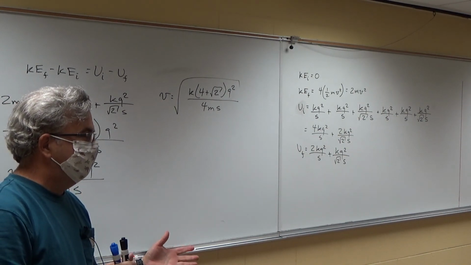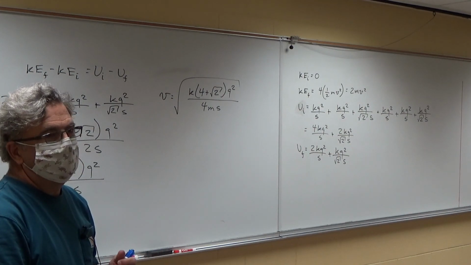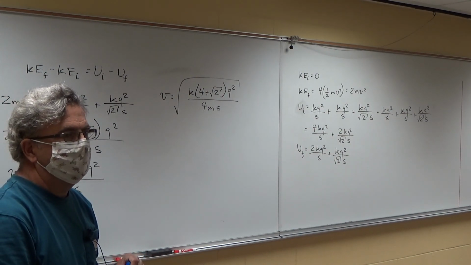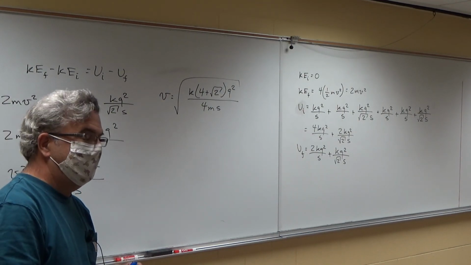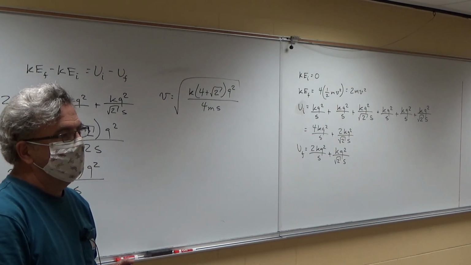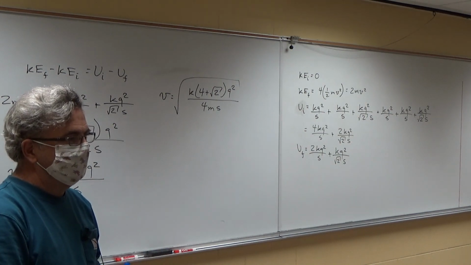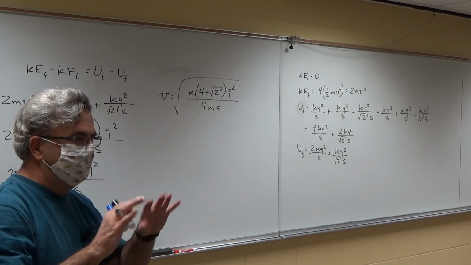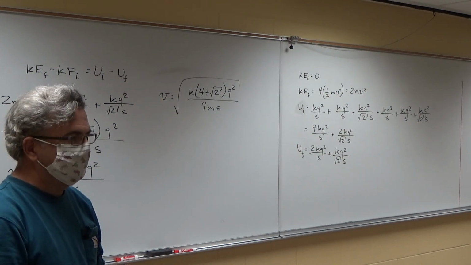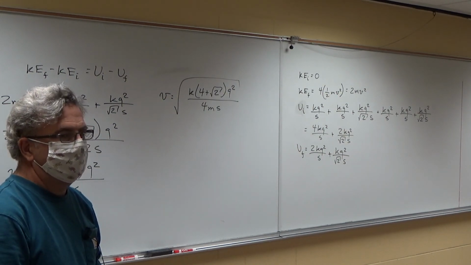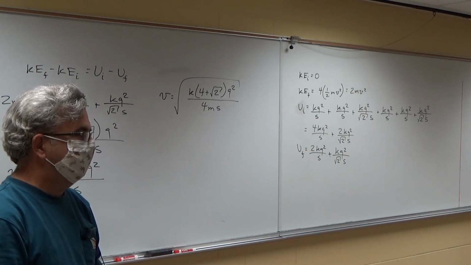Change in potential energy is equal to the negative of the change in kinetic energy, or change in kinetic energy is equal to the negative of the change in potential energy in a conservative system, meaning no losses, no friction, no nothing. Works the same way with electric potential energy as it did with gravitational.